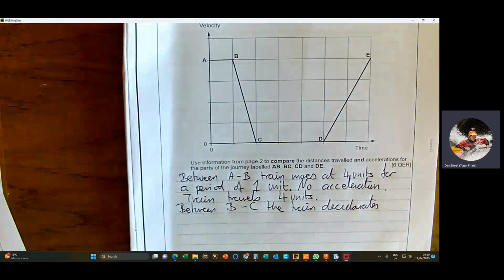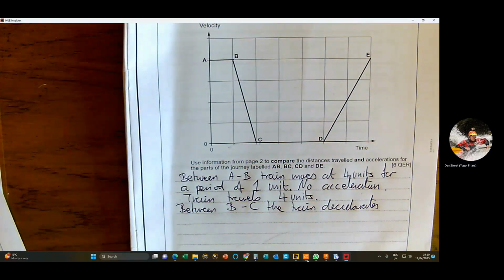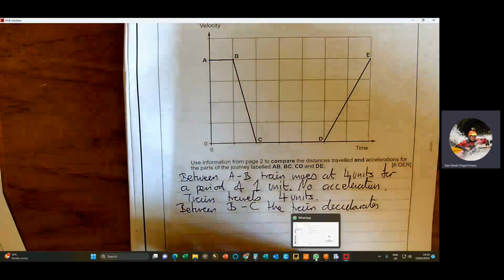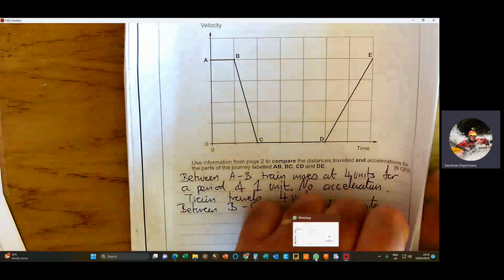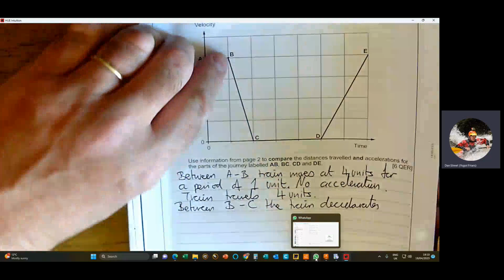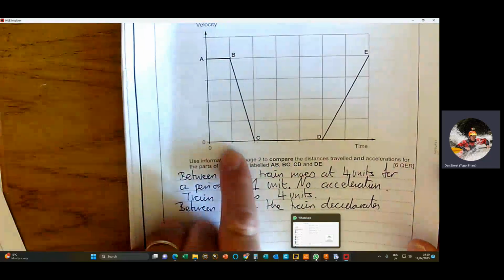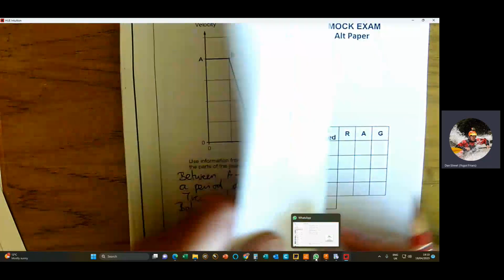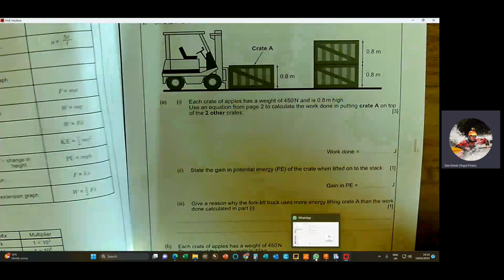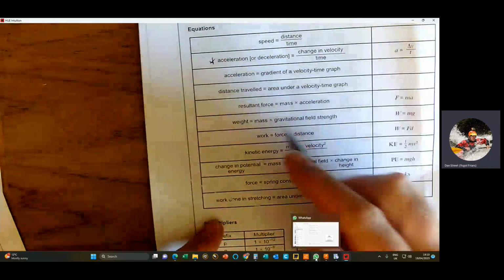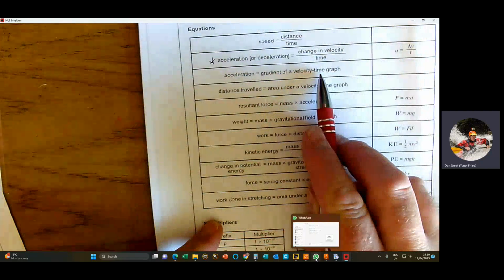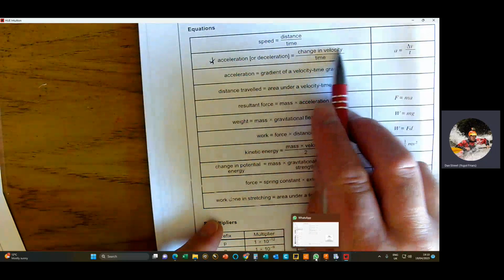To calculate the deceleration, we might need to use one of the equations we saw earlier. On this we know the velocity at the start of the journey, the velocity at the end, and we know how long it takes. So if we remind ourselves from the velocity graphs, we could use the gradient if we're feeling mathematical, or we could use this one, change in velocity divided by time.